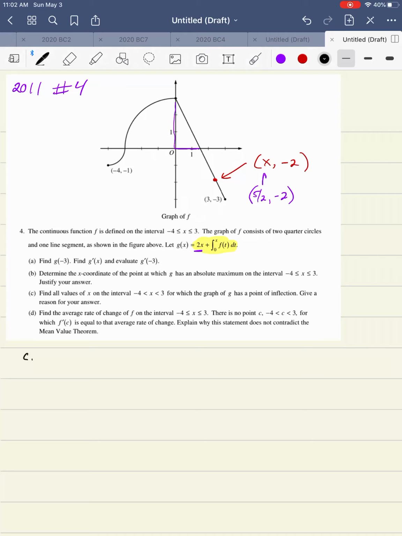All right, C. Find all the values of x for which the graph has a point of inflection. So remember, a point of inflection is where the derivative changes direction. The 2 doesn't affect that. 2 is just a constant. So the derivative changes direction only at x equals 0 here.